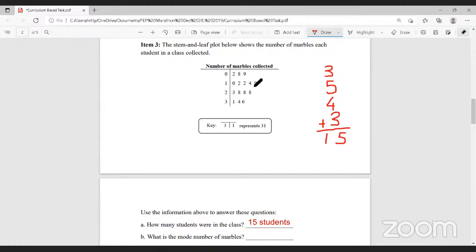So we have 2 12s. Let's go to the next one. We have 28, 28, 28. And with this row here, we have none of them reoccurring. So we have 12 2 times, but we have 28 3 times. So the modal number of marbles is 28, because we have 3 students collecting 28 marbles.